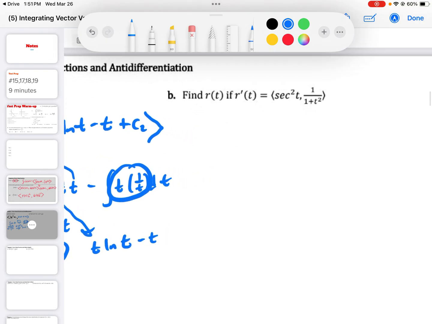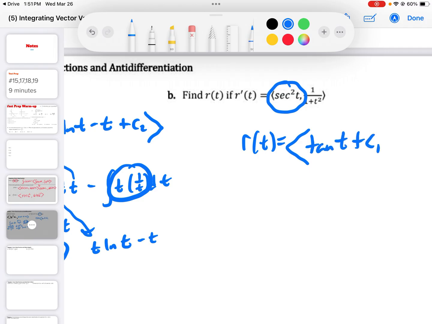All right, so for part B, it says find r, and r is the antiderivative of r prime. So this is just saying integrate this vector valued function, basically. So I'm going to say r of t is equal to, what is the antiderivative of secant squared t? That's tangent t plus c1. The derivative of tangent is secant squared, so the antiderivative of secant squared is tangent.